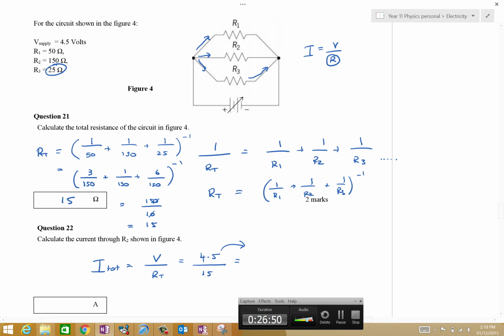Now, if I was to split this up, we can say that there's going to be 6 times the current going through R3 as there is through R2, and twice the current going through R3 compared to R1. First of all, if we find what the current is, we know what the total resistance is, but at the same time, we can use V equals I times R.